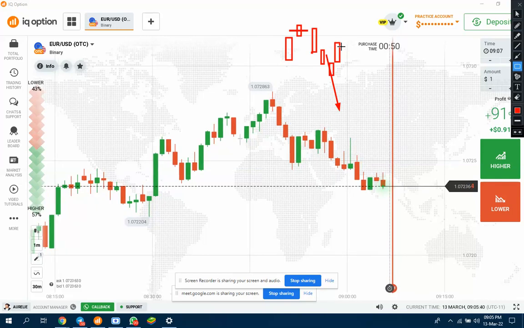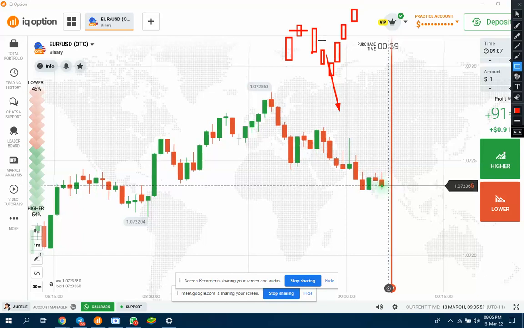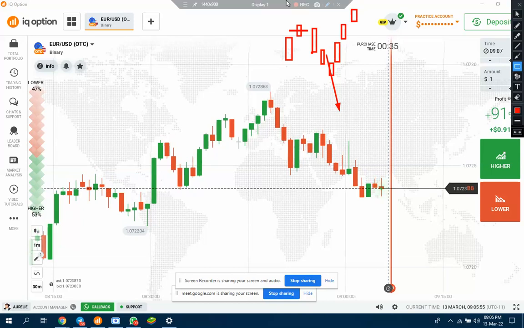After you saw this pattern, you enter the trade here. This is your entry point. The fourth candle went up again, the fifth candle went up again. You see that the 5 minute candle that you are trading has expired and you lost the trade.